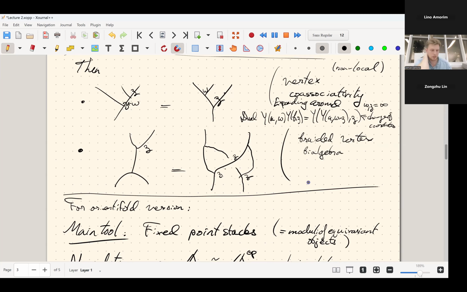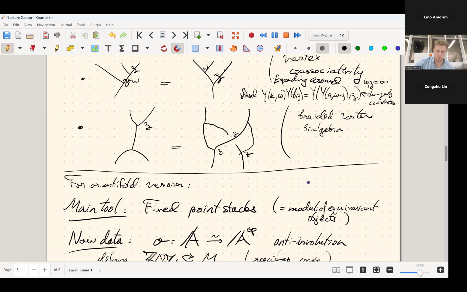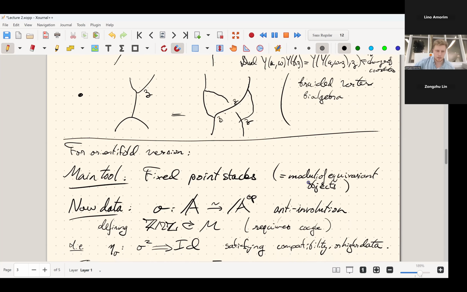It says that if we multiply and then co-multiply, then this is the same as having co-multiplied both factors and then multiplied. And again, we require these two terms to be the same as meromorphic morphisms in this category.